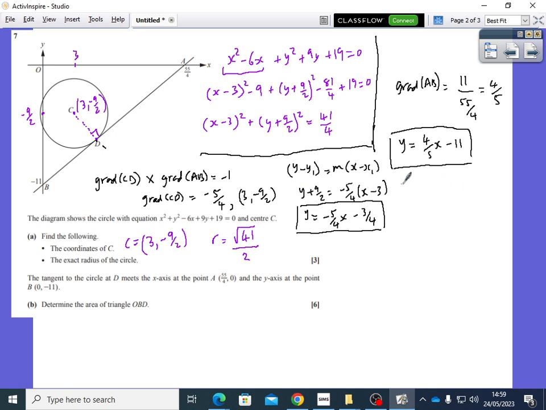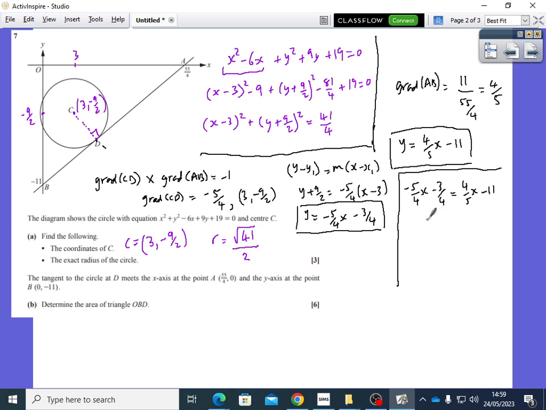So I now just put a box here and solve this: -5 over 4 x minus 3 over 4 equals 4 over 5 x minus 11. Taking that across becomes a plus on that side, and I'll get plus 11.